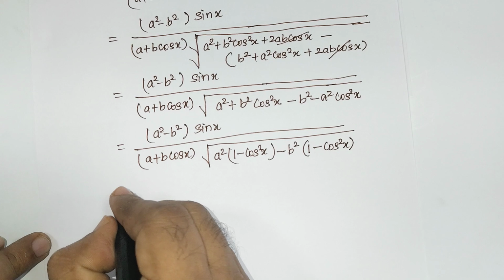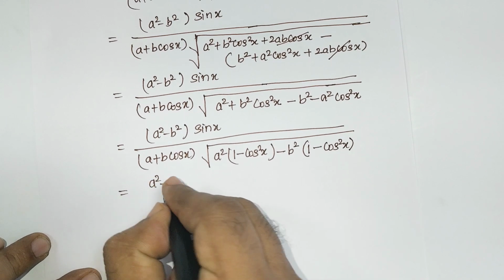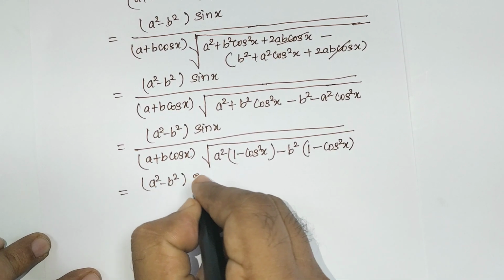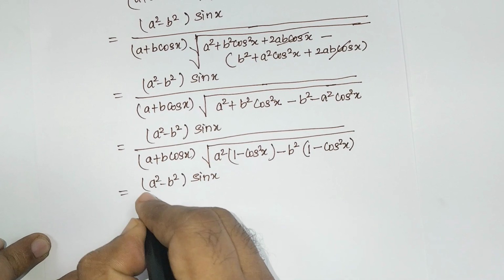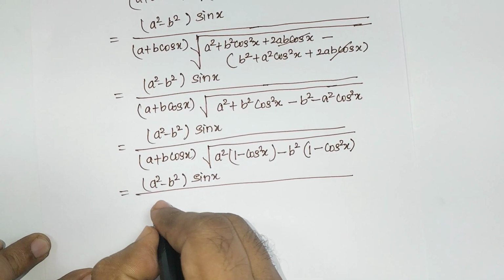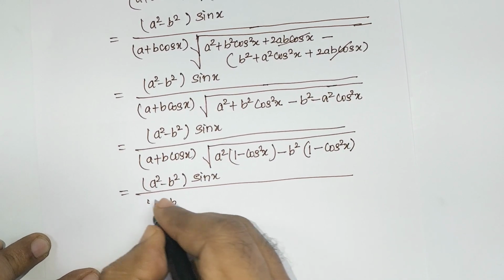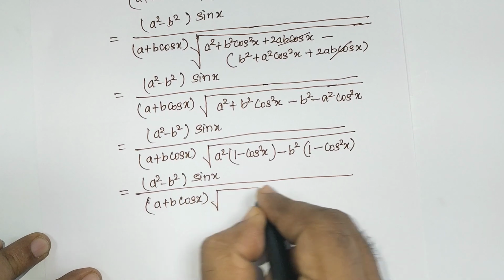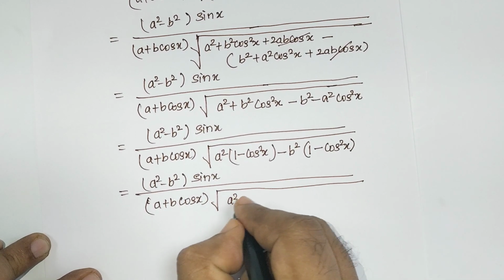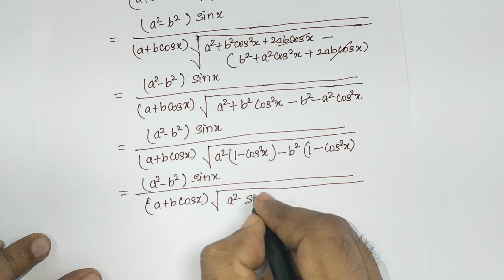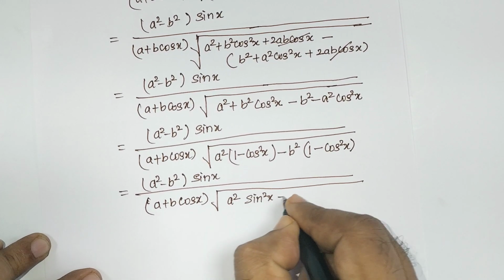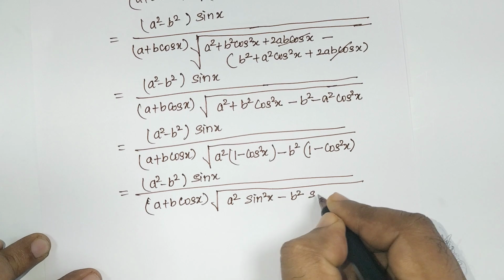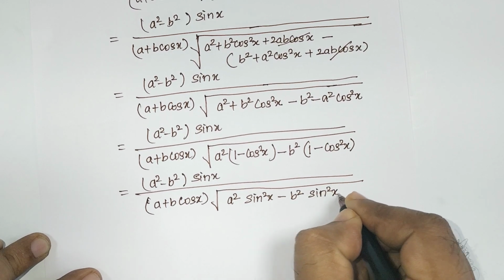Okay, then square root of a square minus b square into sin x divided by a plus b cos x, and the square root of a square into 1 minus cos square x, we can write sin square x, minus b square, again I'll write sin square x.